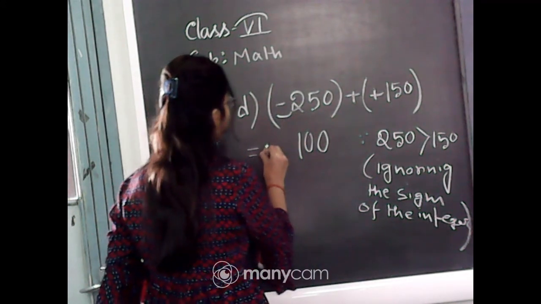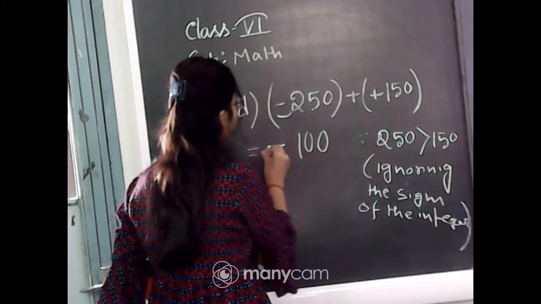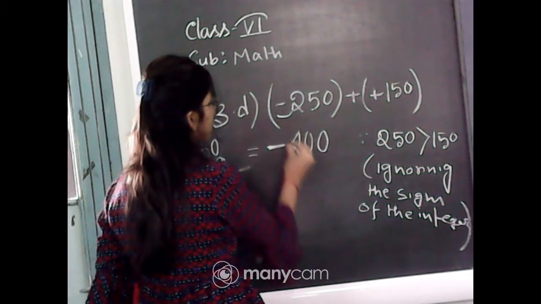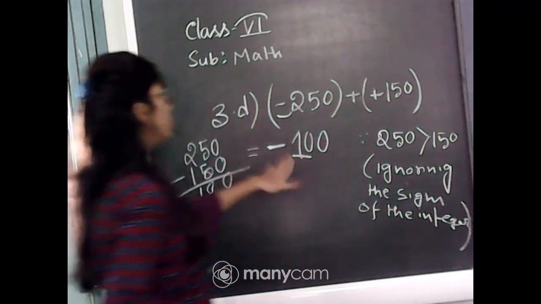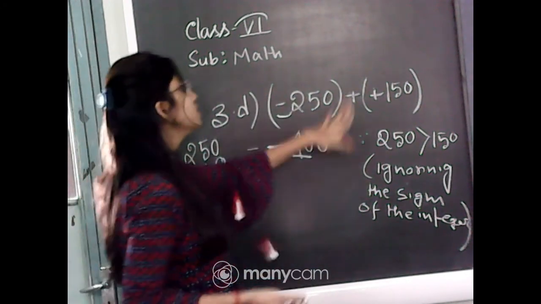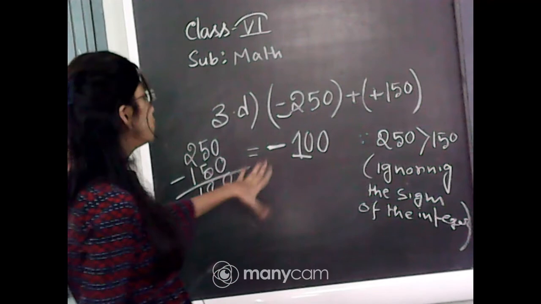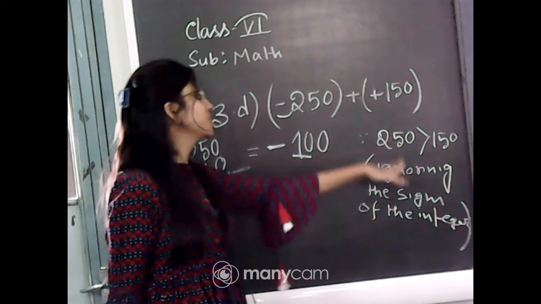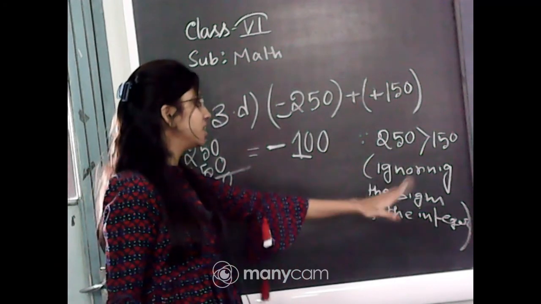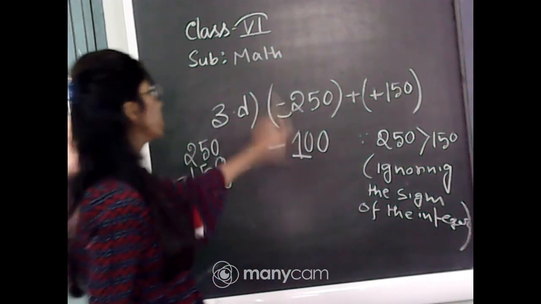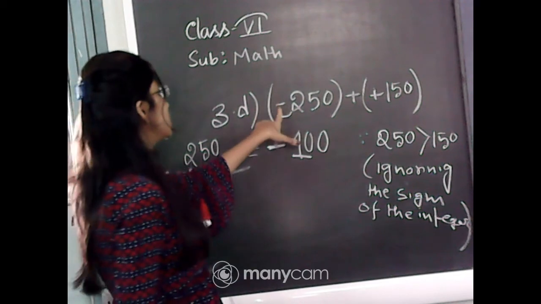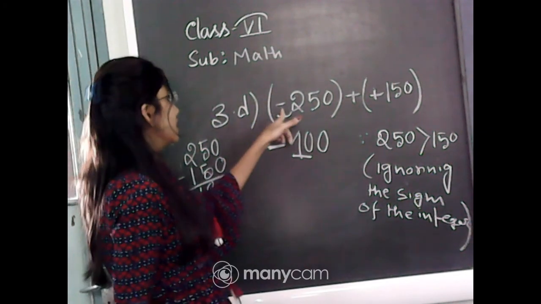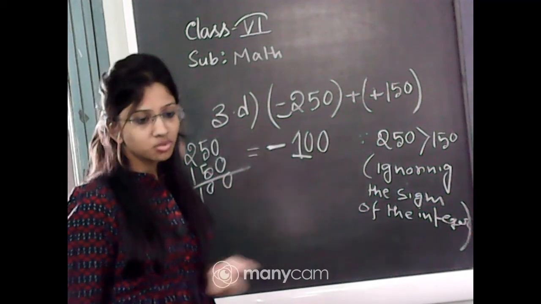That's why the answer will take the negative sign and the answer is minus 100. First we subtract and then we decide the sign. Since 250 is greater than 150, ignoring the signs, and the sign of 250 is minus, the answer will take the negative sign. Okay, students?